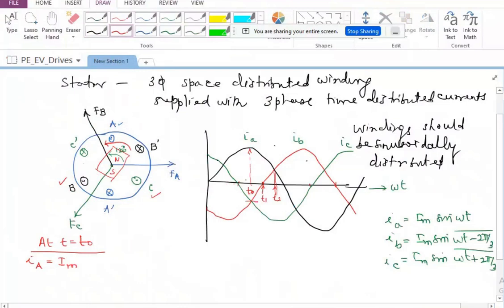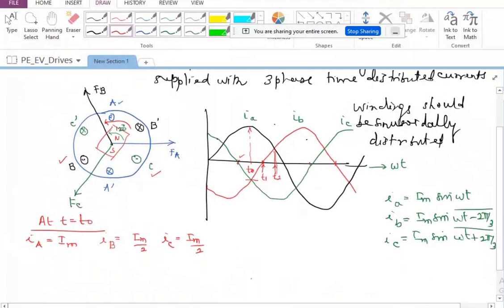And as far as C is concerned, from this zero crossing, it is actually 30 degrees away, but both are in the negative direction. So I should be able to say IB will be Im sine 30, but with the minus sign. So it will be Im divided by 2, and IC will also be Im divided by 2. That is what it is going to be. Okay. And both these are in the reverse direction. So I am writing this as minus of Im by 2.